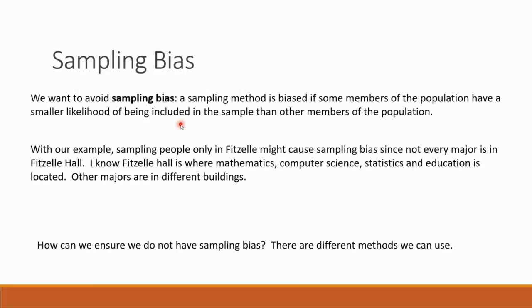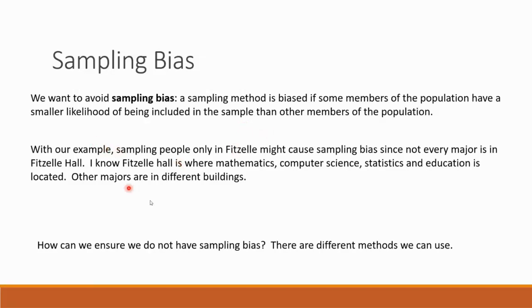Basically, a sampling method is said to be biased if some members of the population are more likely to be included than others. Again, you want it to be representative of the population.